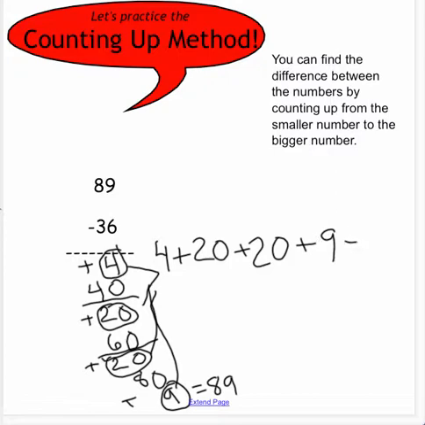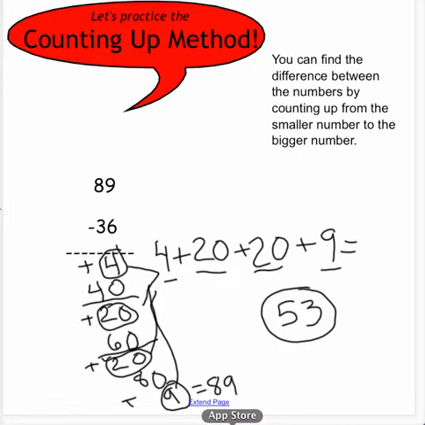You can add the number string together in whatever order makes it easiest. I know a 20 and a 20 makes a 40, and then I can add 9 to get 49, and then all I have to do is add 4 more. That gives me a final answer of 53. And I'm going to go ahead and circle it.